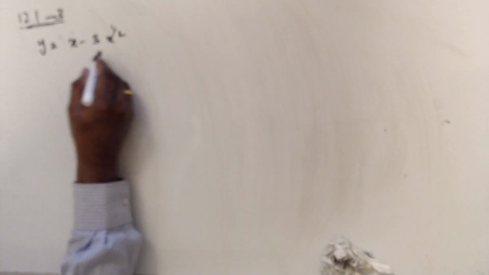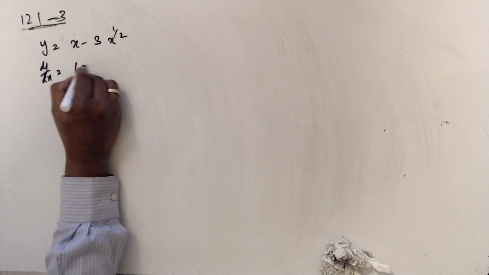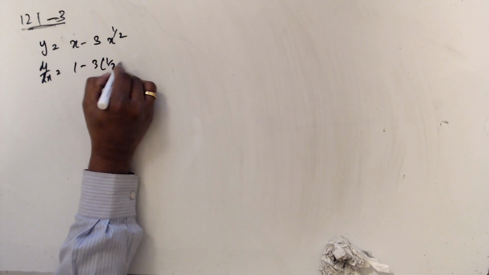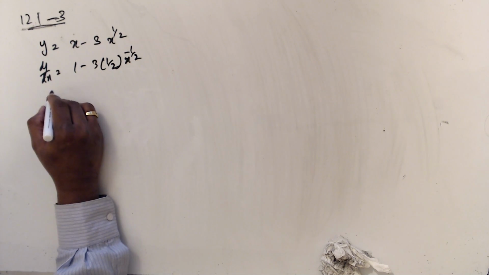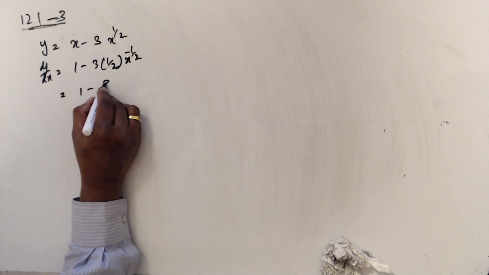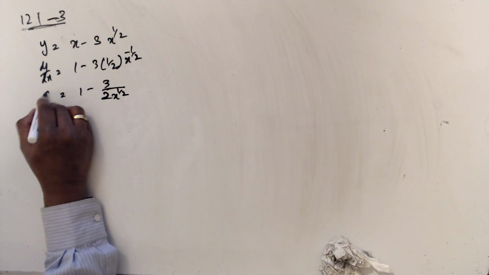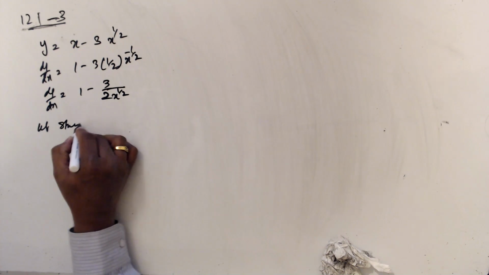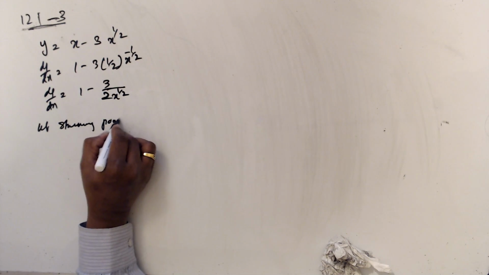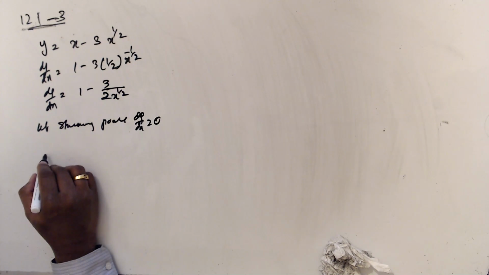Next, y = x − 3x^(1/2). So dy/dx is 1 − 3 times half x^(−1/2), equal to 1 − 3 over 2 x^(−1/2). At the stationary point, dy/dx equals 0.